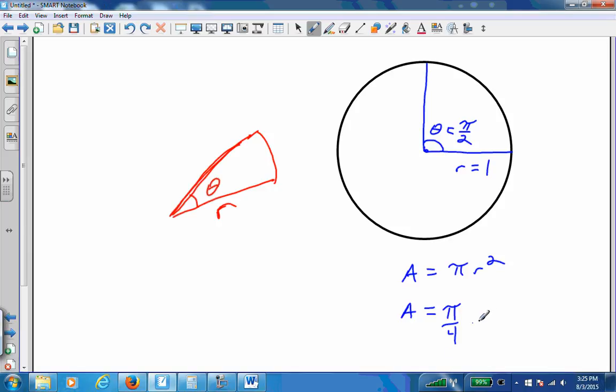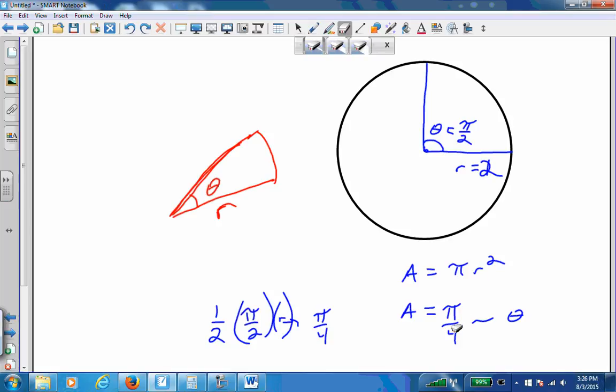Now let's relate that to our angle. If our angle is pi over 2 and our area is pi over 4, what do we have to multiply our angle by to get that area? 1/2. Keep in mind that our radius was 1. If we made our radius 2, then our area of the whole thing would be what? 4 pi?